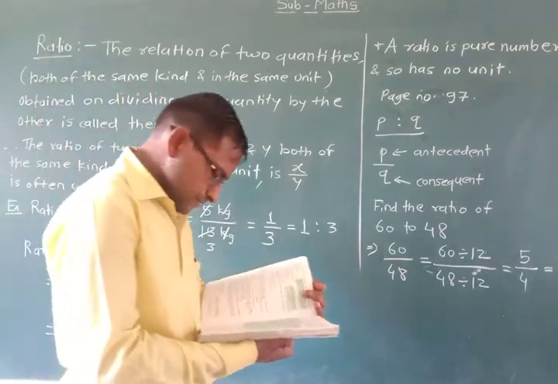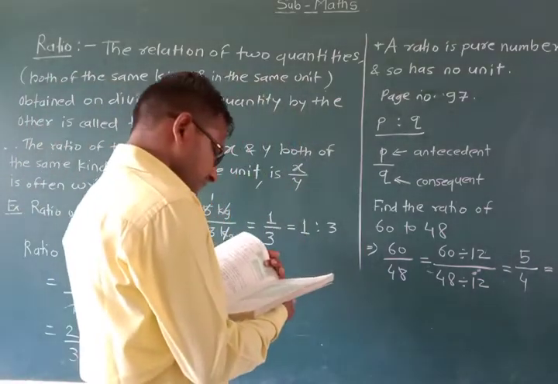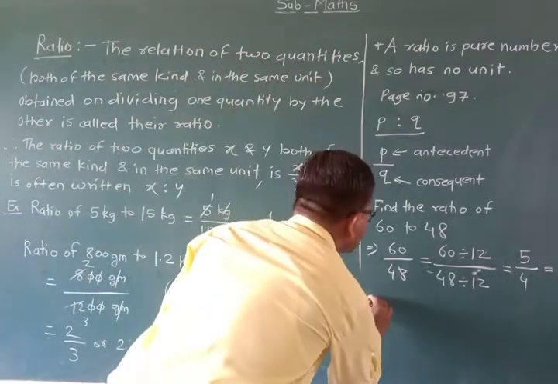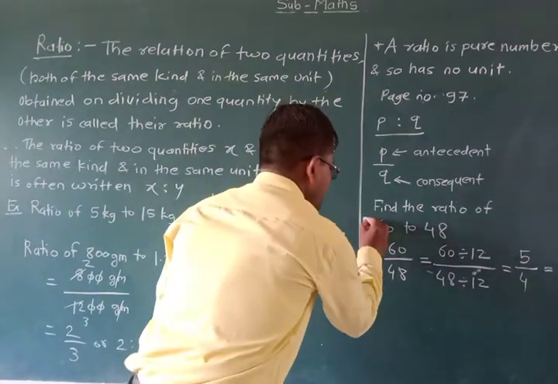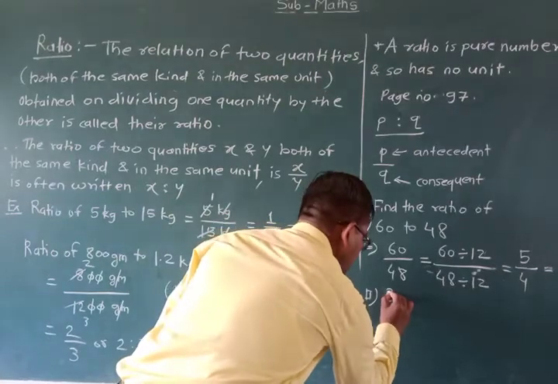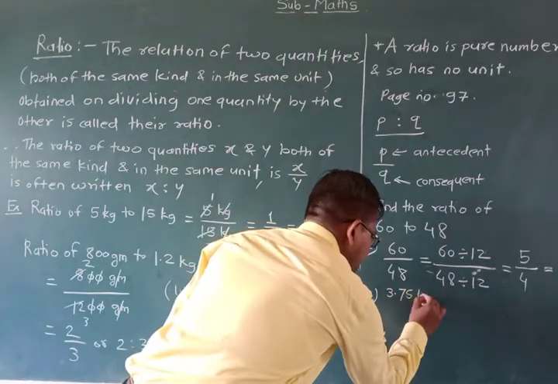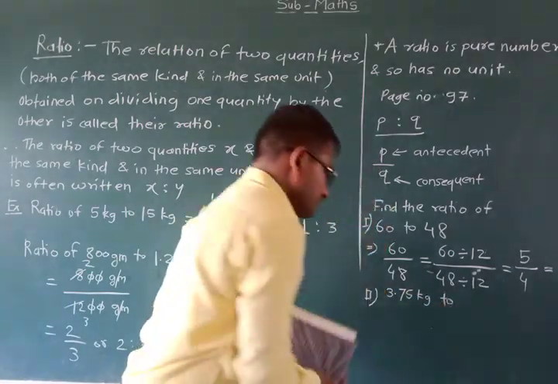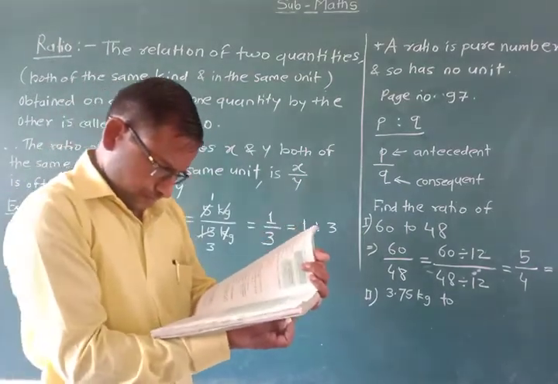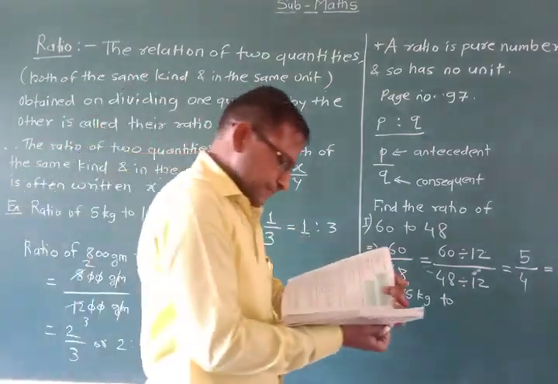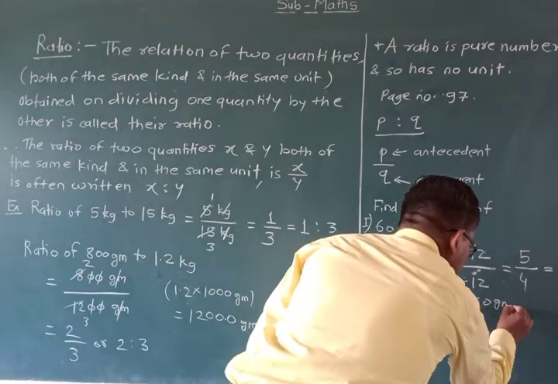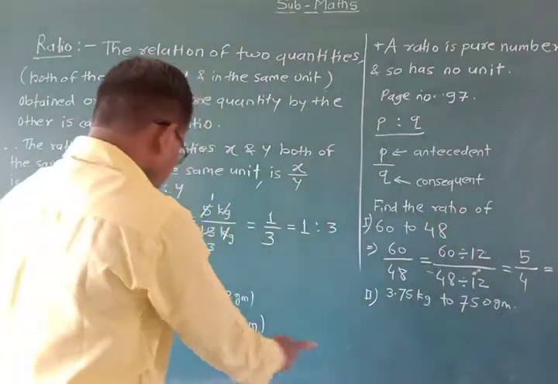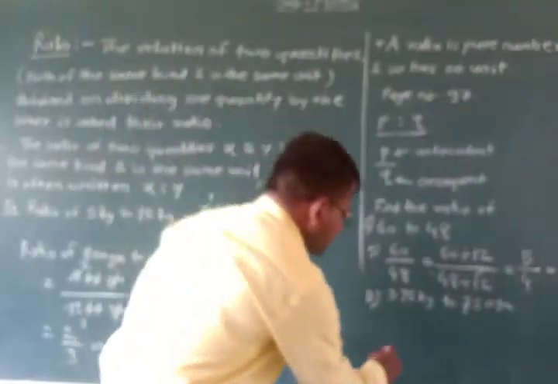Second example, 3.75 kg to 750 grams. So again, solve this example in the same way.